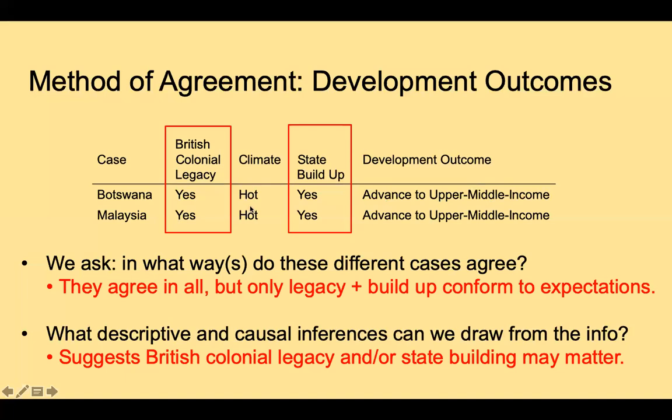And so we can rule out the climate hypothesis and say, based on these cases, that that variable does not cause and determine the long-term development outcome, because if it did, Botswana and Malaysia would not have advanced to upper middle income status.